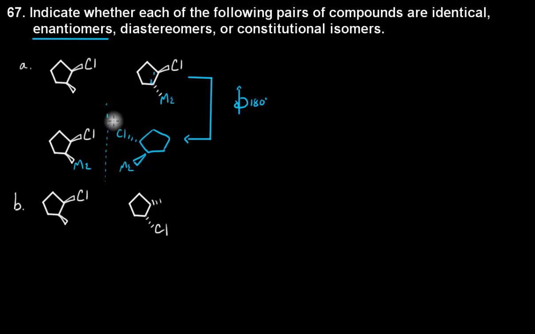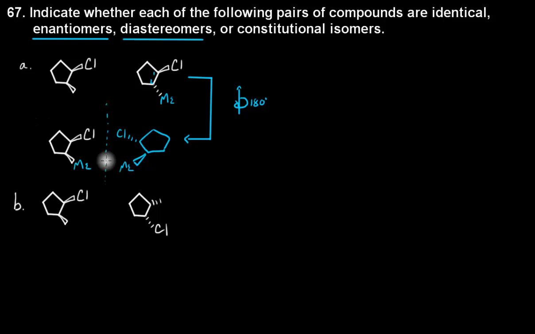If you look at this, you'll find that these two chlorines are not mirror images of each other. Both methyl groups are pointing towards you, so those are mirror images, which seems good. But this chlorine is facing into the board and this chlorine is facing out towards you. So they are not enantiomers, which means we must have diastereomers.